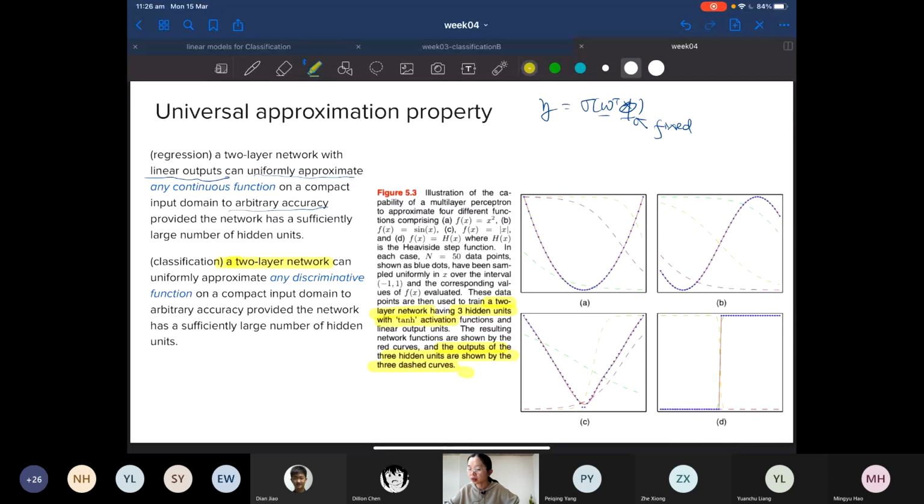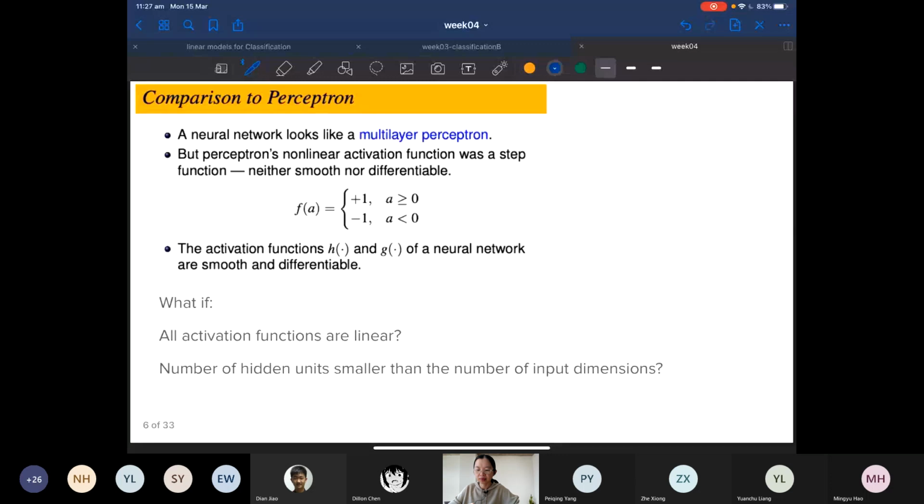It's interesting that, for example, in the last case, where we aim to learn the sign step function, one of these hidden unit functions actually learns the sign flipped step function, right? So how does this help? That's because if we just make the weights of the last layer negative, you will approximate the step function as well. We'll get back to that in a minute.